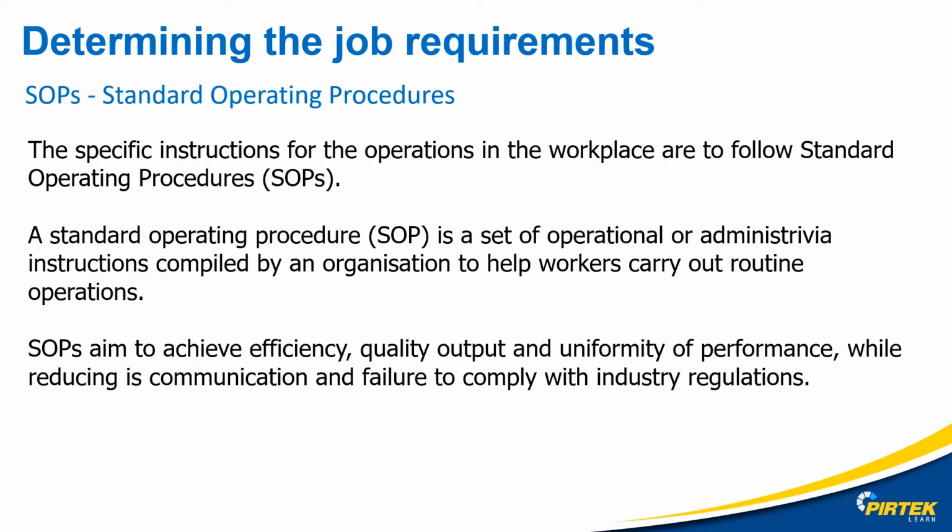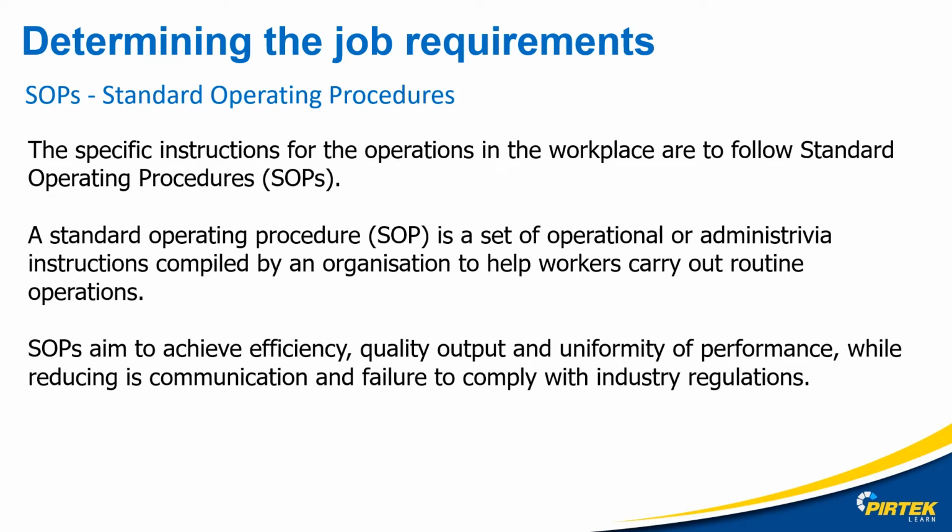How do organisations ensure that they're adhering to Australian standards? Organisations will create a document called a Standard Operating Procedure, which is basically a series of steps or a formula to do something like create an engineering drawing, or create or manufacture a replacement hydraulic hose.